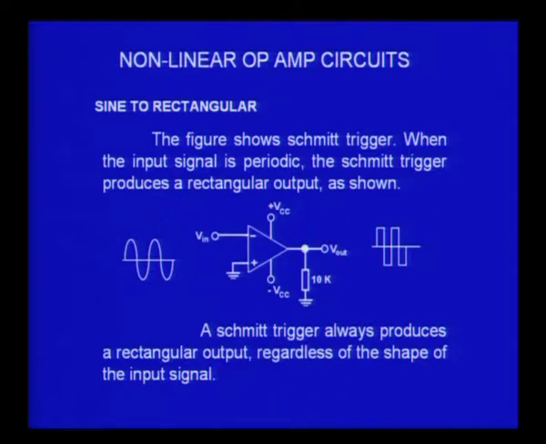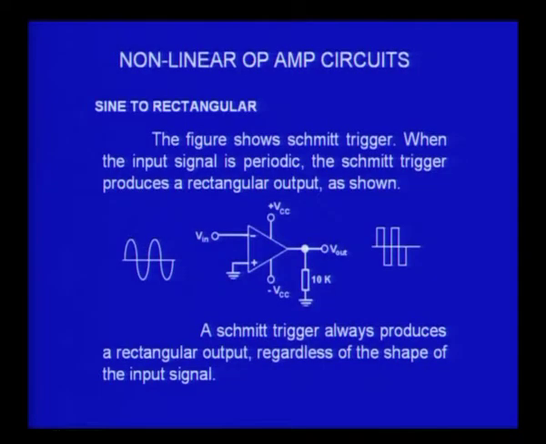You would find the output will always be a square wave between Vsat and minus Vsat, but the width or the period of this square wave will depend upon the threshold that you have provided for the other input. So, this is one simple example.